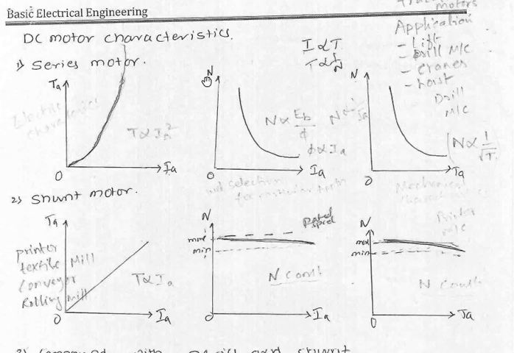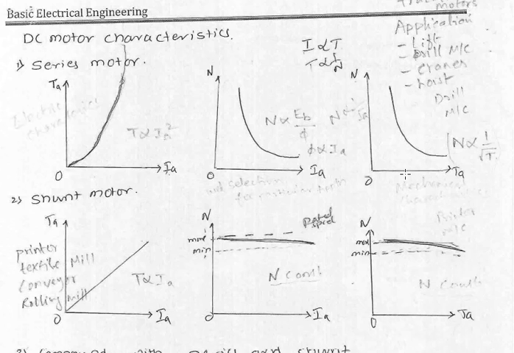And next one is the speed versus the armature current. As the armature current increases, the speed decreases, which is evident from here. As armature current increases, the torque increases, and if you see the third, as the torque increases, the speed will decrease.